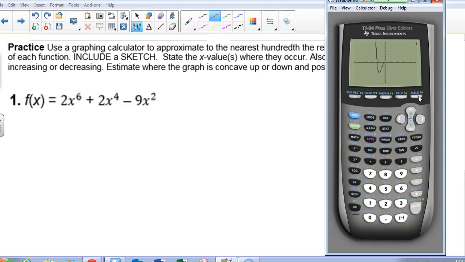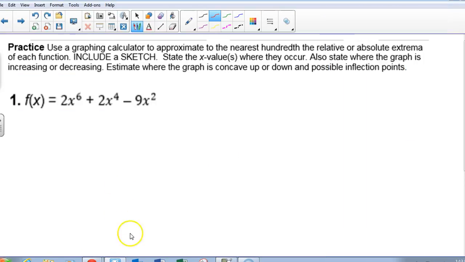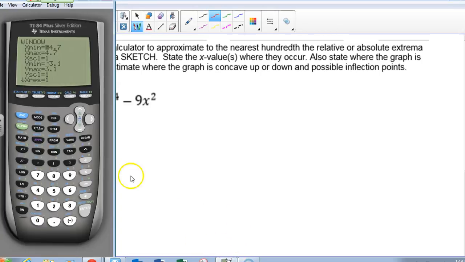I don't know what my window is set at. This isn't too bad. This might be the one that a zoom decimal works pretty good. Nope, goes down too far. I know what happened.